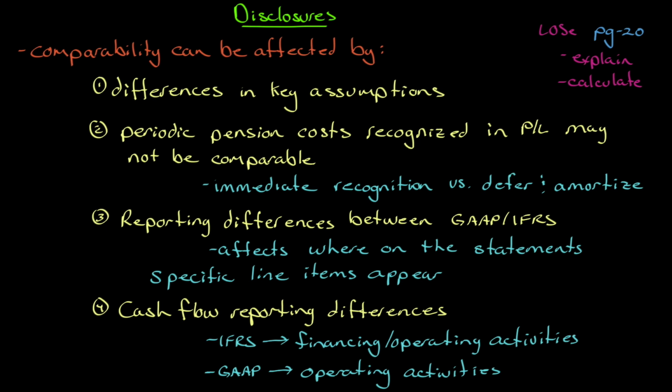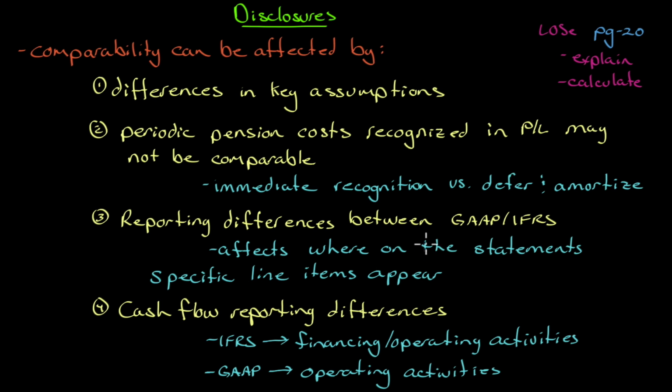Differences in assumptions. Number 2, periodic pension costs recognized in P&L may not be comparable. And we looked at the difference between IFRS and GAAP here, immediate recognition under IFRS versus the defer and amortize option under GAAP. Number 3, reporting differences between GAAP and IFRS. This is recognition differences. These are reporting differences.